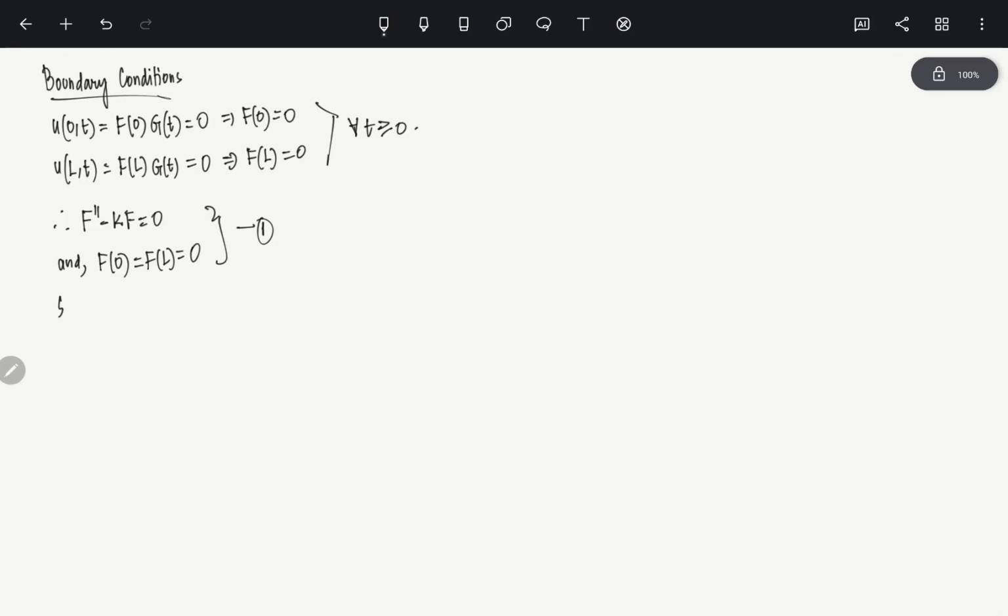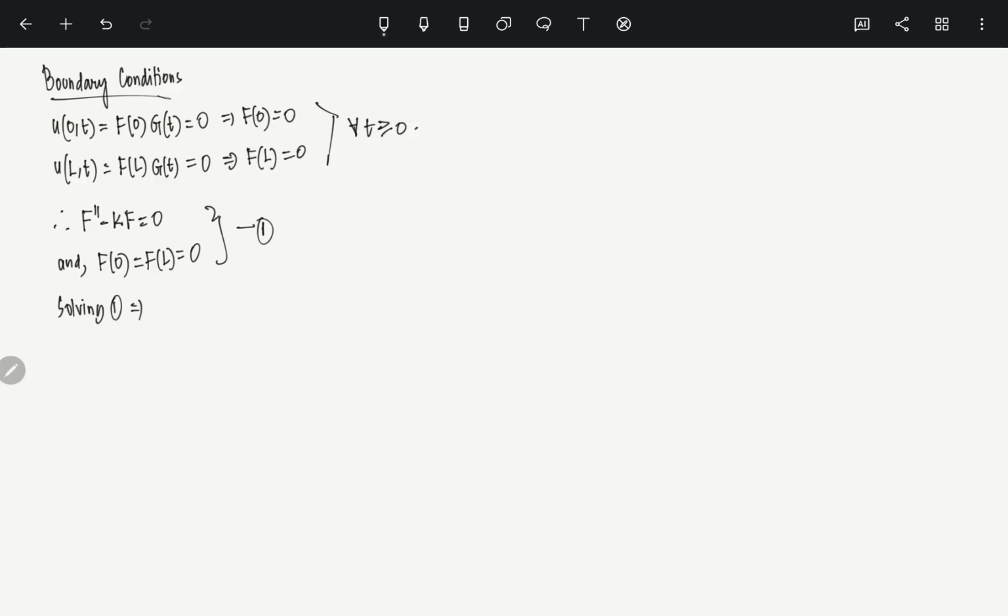So solving 1, what do you get? Please check this part. I'm not solving this explicitly, because we have already done the Sturm-Liouville problem. I will just write down the solution of this equation.